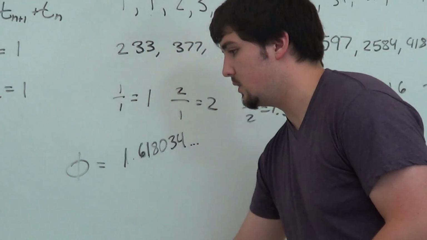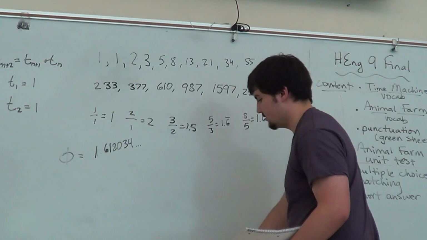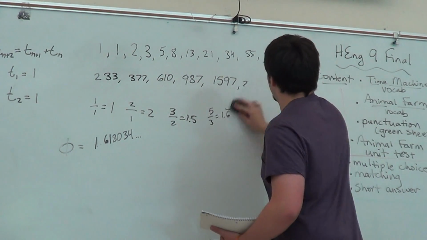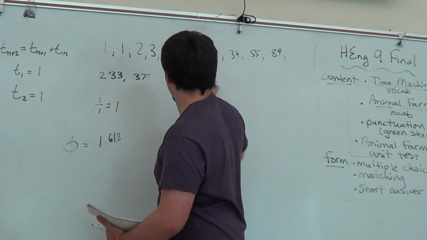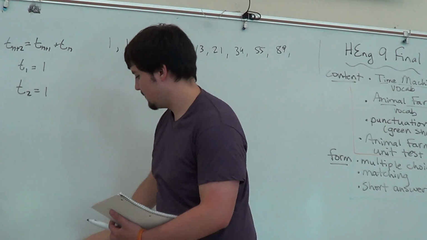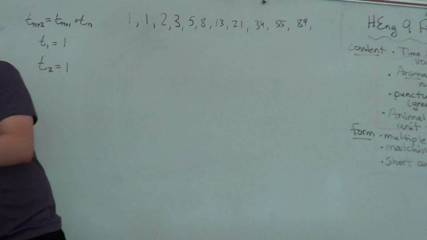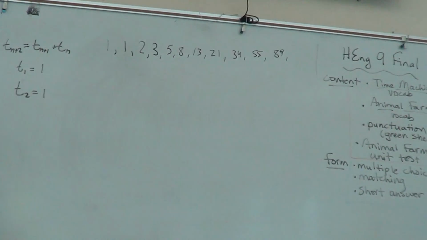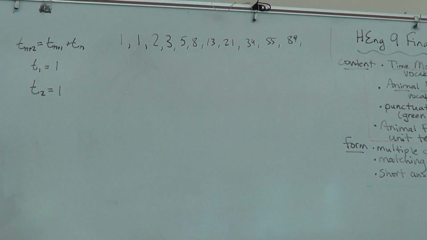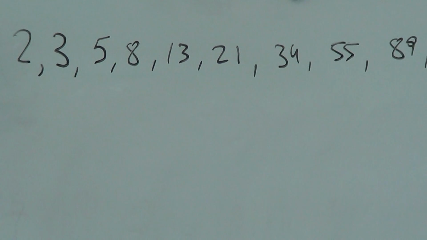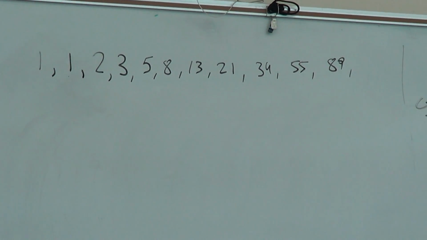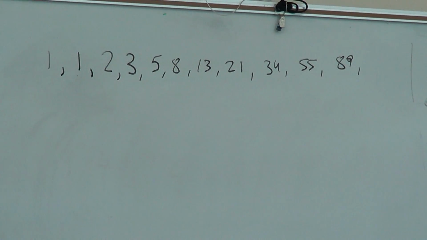Maybe you have seen a golden spiral before. I'm not going to draw it on the board because it's going to be too complicated. What this does is that it takes the dimensions of the Fibonacci sequence up there and makes them the dimensions of rectangles. If I can find it.